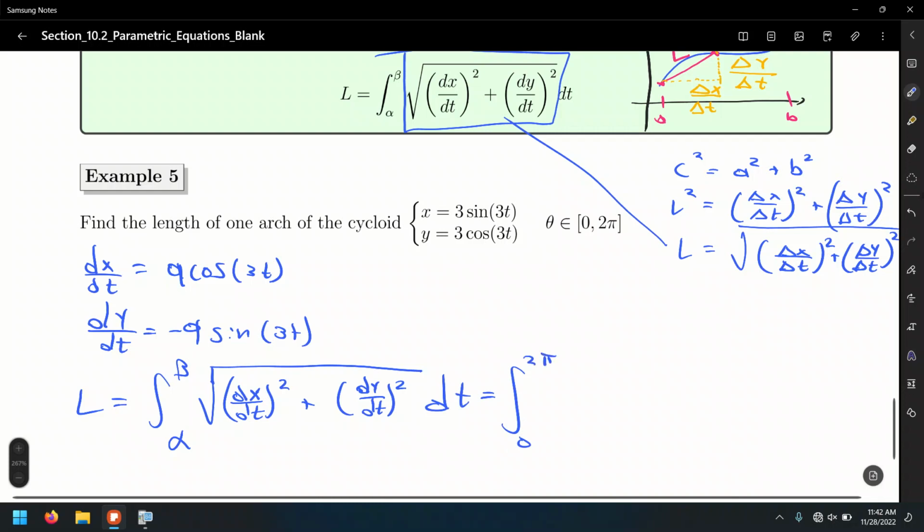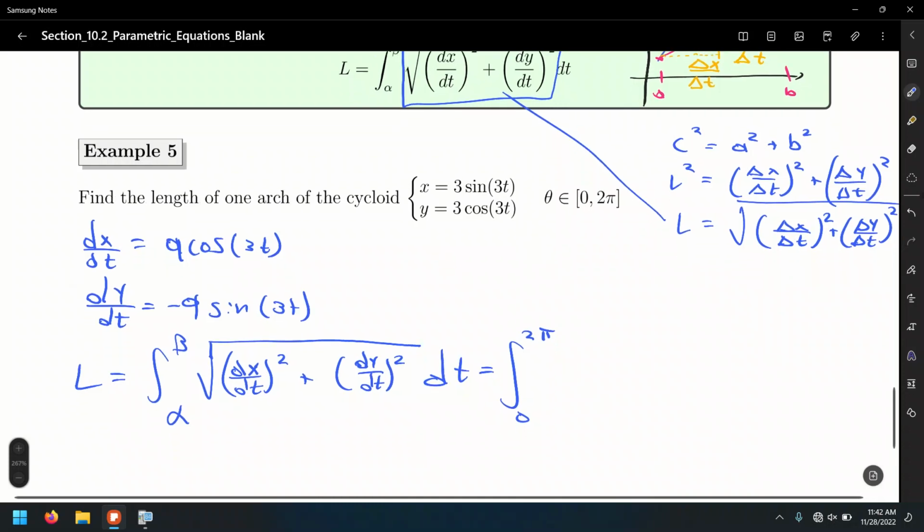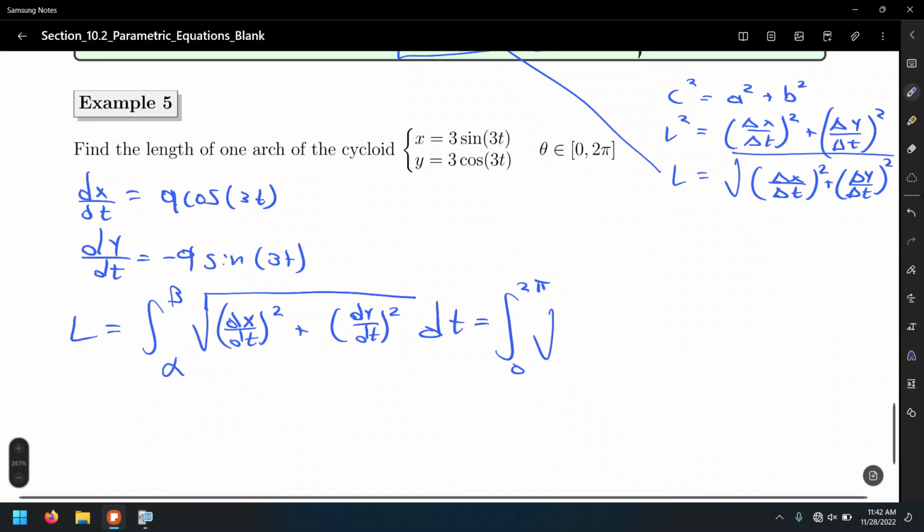And again, these limits of integration most of the times are going to be given. You won't have to figure out anything unless it's one of those weird problems in which you're given other pieces of information. But typically they look like this. So that's the square root of the first quantity squared plus the second quantity squared dt.